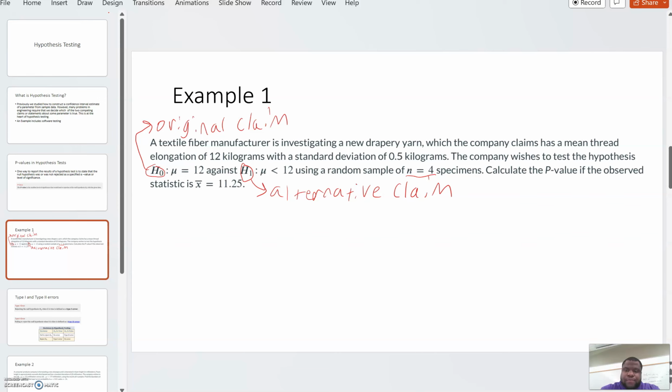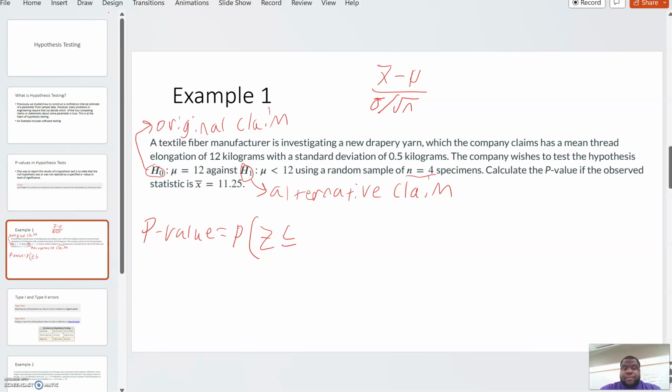So for this, let's define the p-value. We have P, where we're going to find our Z less than or equal to. Right, so we talked about this formula before. I'll write it up here, but it is x bar minus mu over sigma divided by the square root of n.